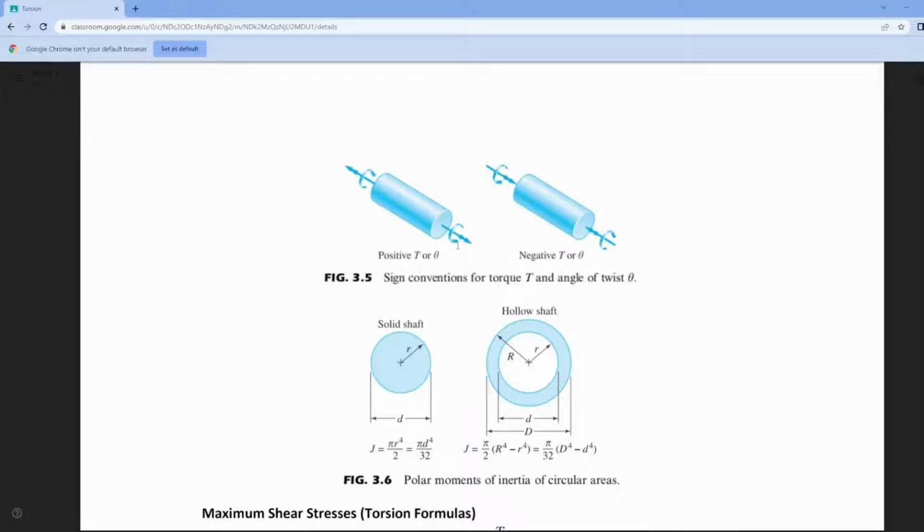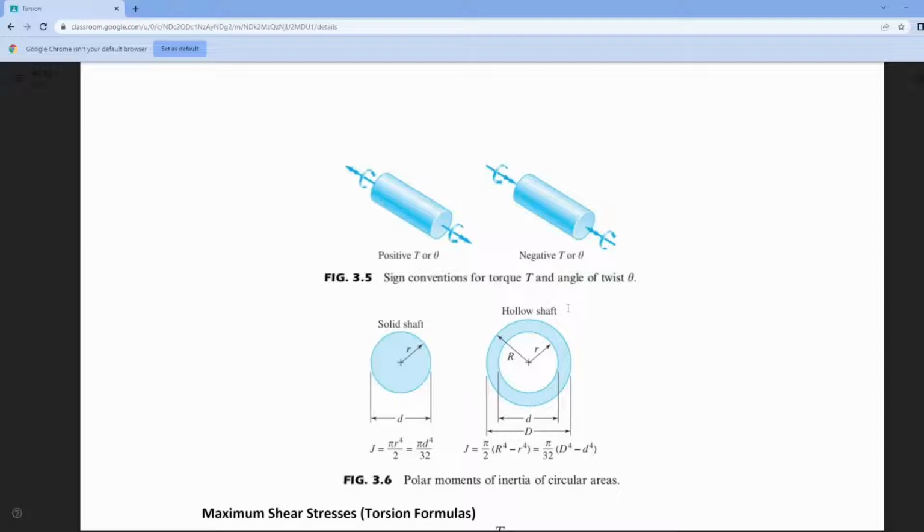If the rotation is counterclockwise, that would mean your palm should be facing up. When you close your four fingers, your thumb will be pointing in this direction.